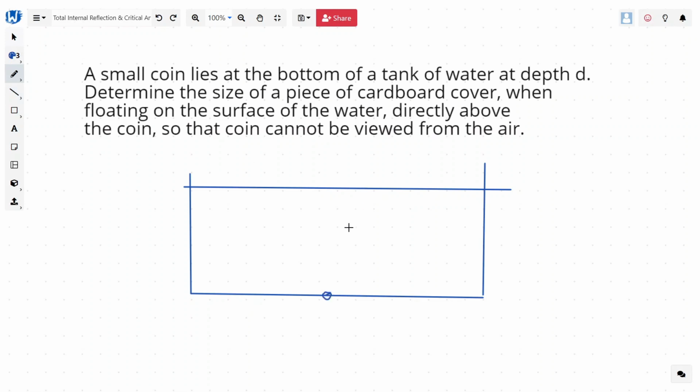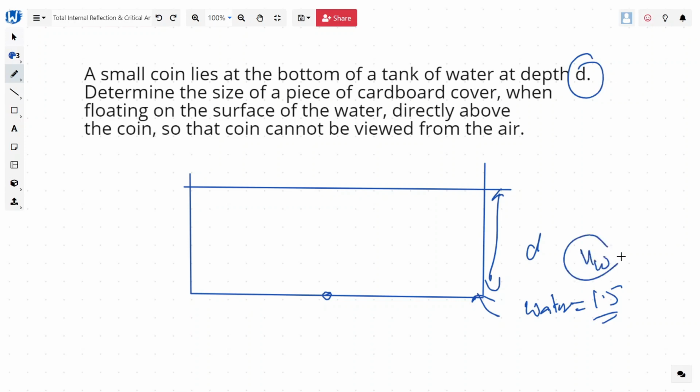So here is our coin lying, depth given D. We know that D. This is water. We know the refractive index roughly 1.5. So N of water, yeah, is known. Now, in order to view the coin from the top, a ray of light has to travel from here to here, get refracted, and then you will be able to view the coin.